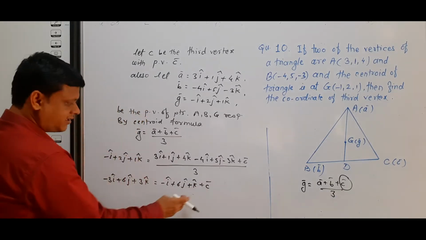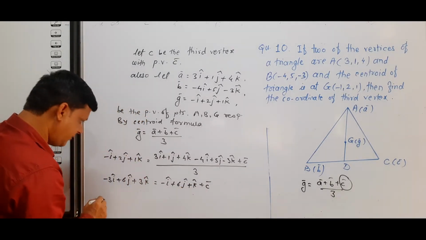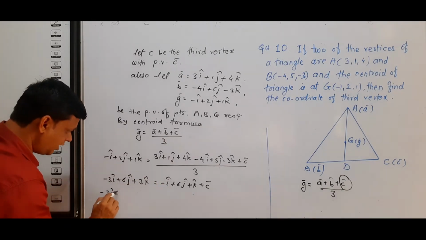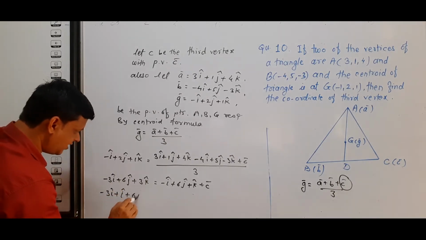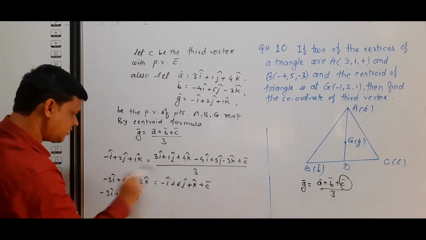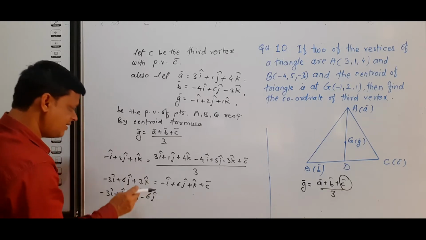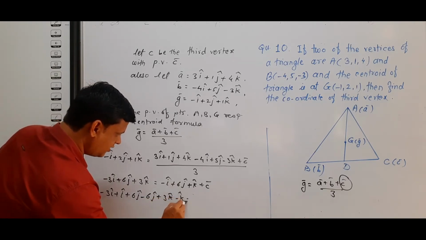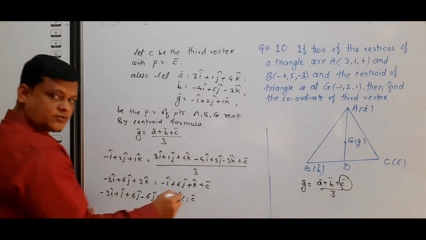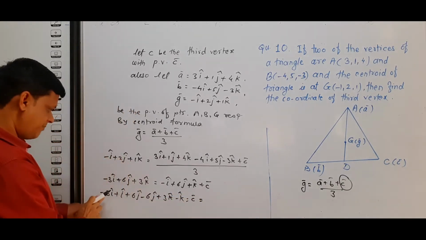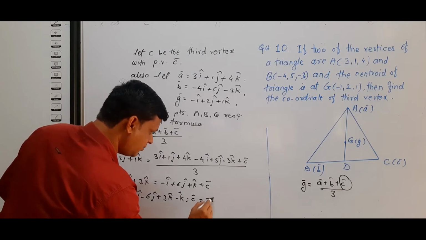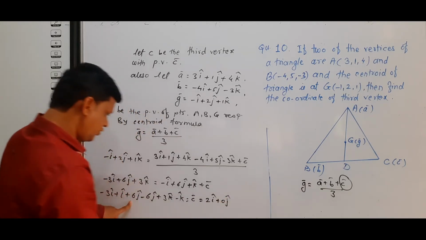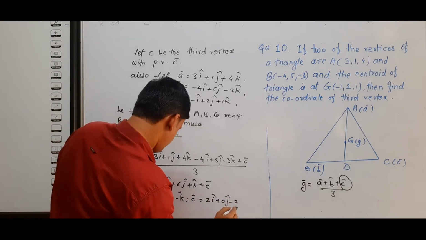Now transfer this i, j, k to the left hand side. We write here minus 3i; after transferring this minus i to the left hand side, we get plus i, plus 6j; after transferring this plus 6j, we get minus 6j, 3k; after transferring this k, we get minus k, equals vector C. So we write here minus 3i plus i, which is minus 2i. 6j minus 6j gets cancelled, so we write here 0j. 3k minus k we write here plus 2k.